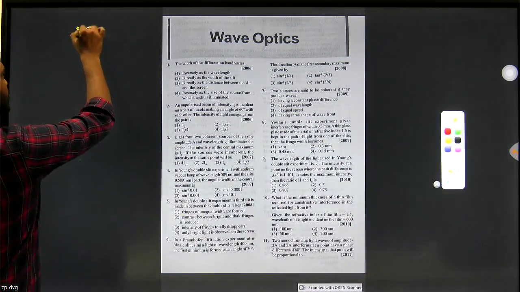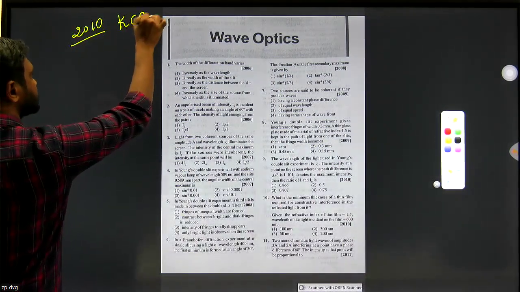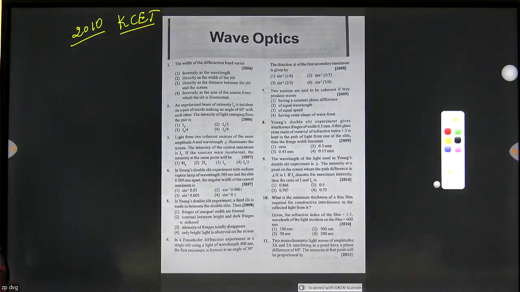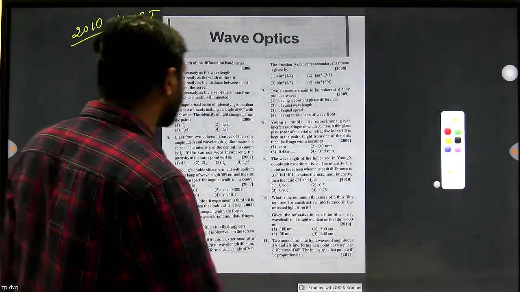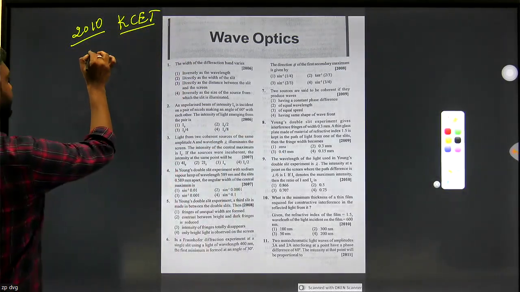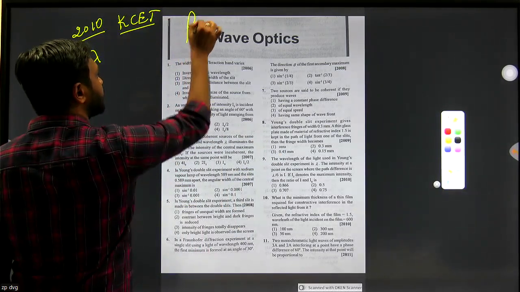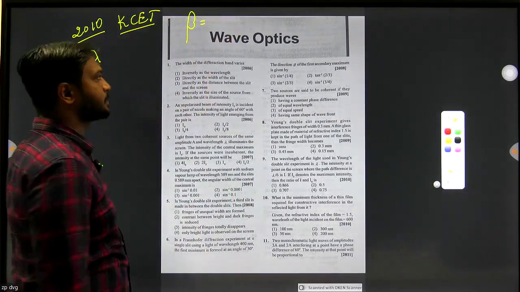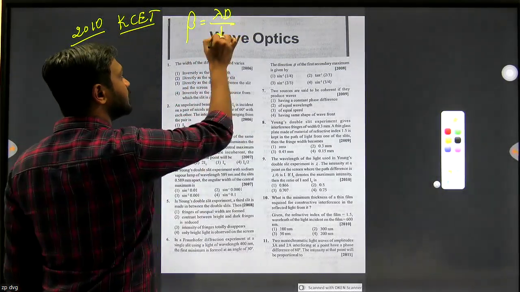That is a 2010 KCET question. The wavelength of light used in Young's double slit experiment is lambda. Let me write the formulas of Young's double slit experiment. This is the fringe width formula, beta equals lambda D by d.